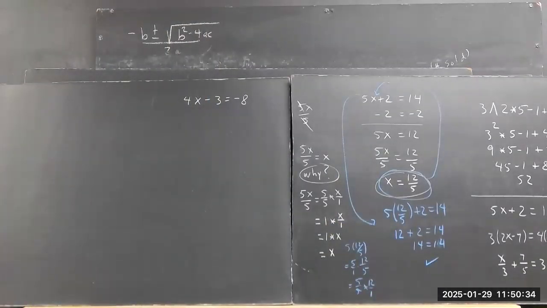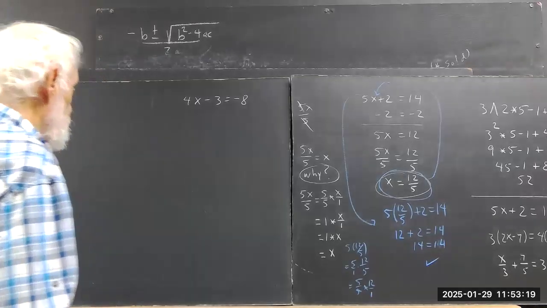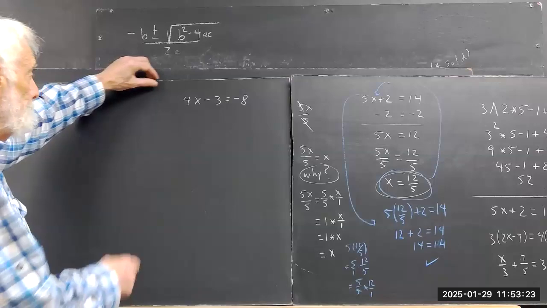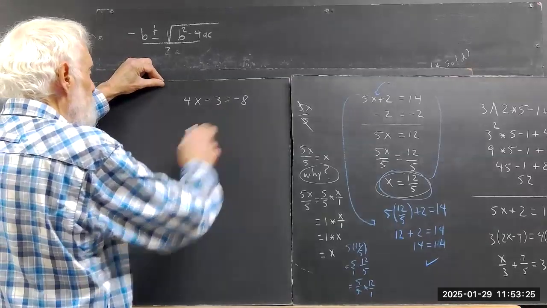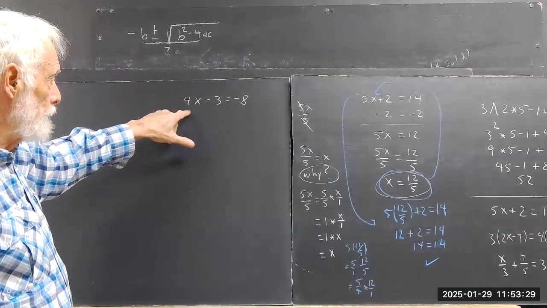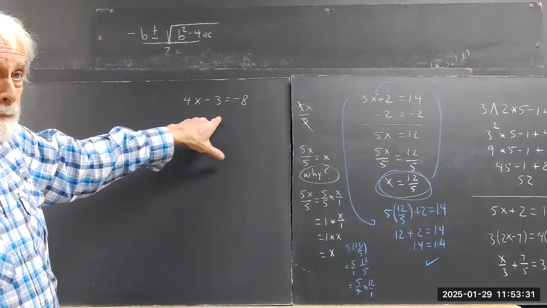Okay. See if we can work this problem. Doing okay still? A couple little questions. First of all, if 4x minus 3 is -8, what do I have to add or subtract to get rid of that 3?